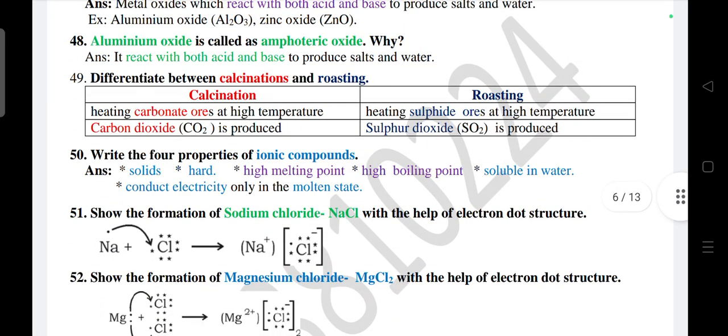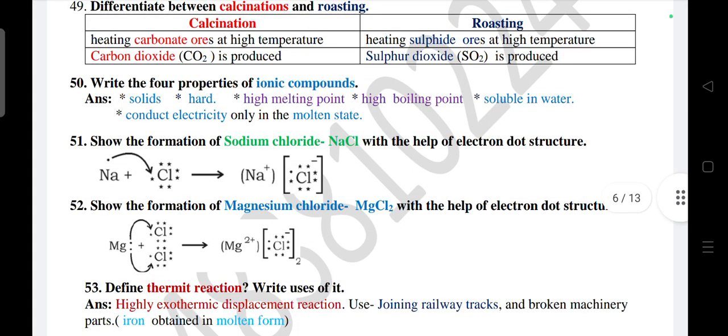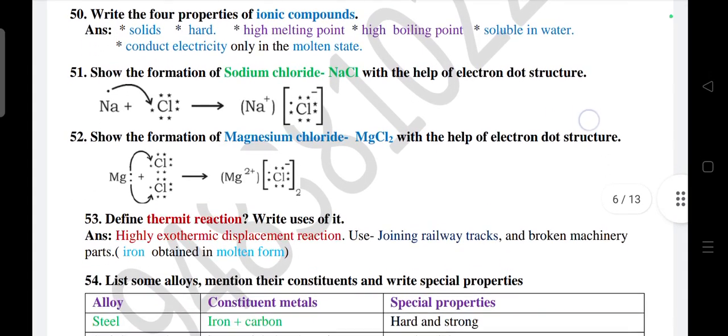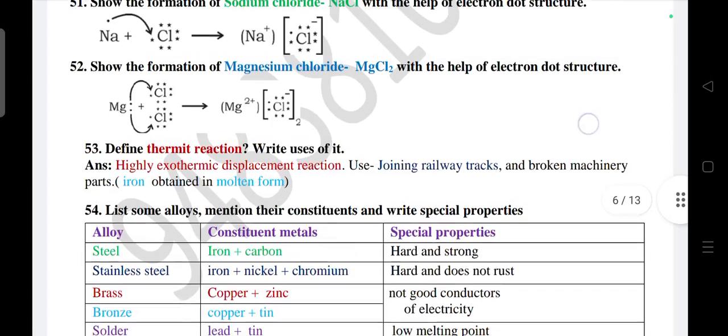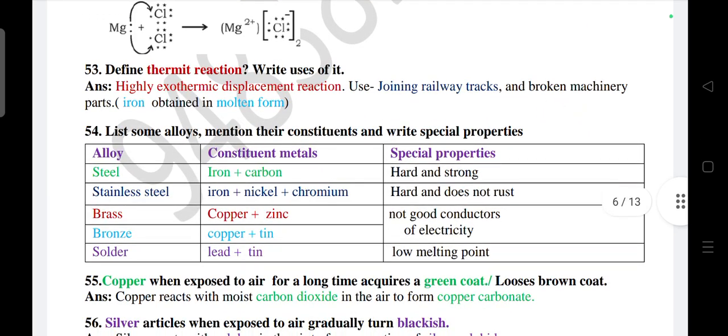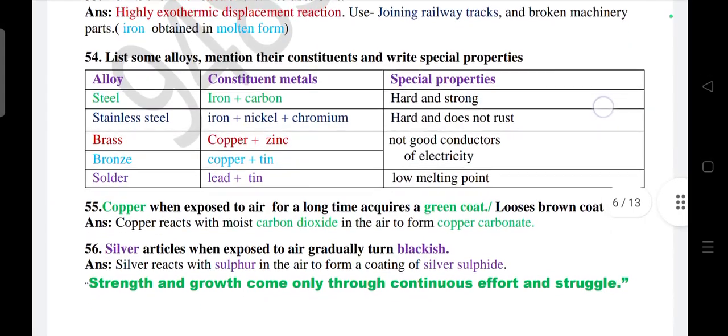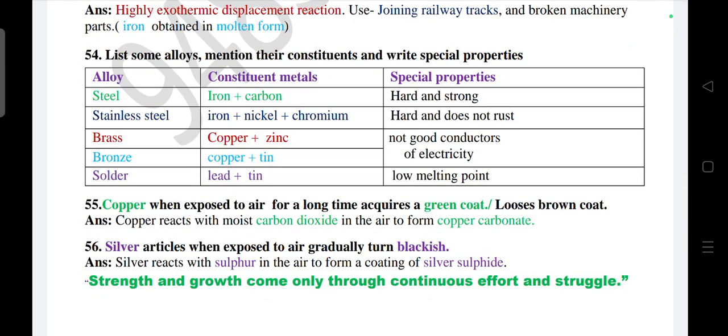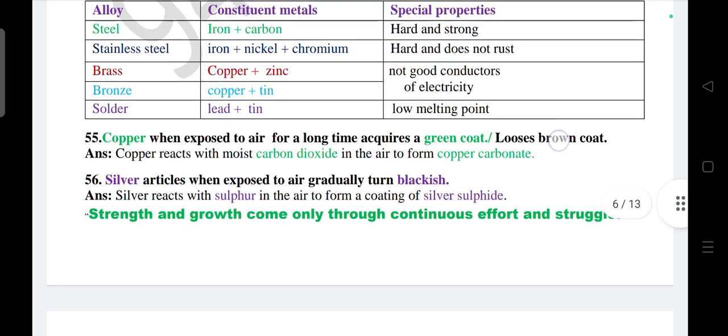What is calcination and roasting? Dot structures. Thermite reaction. Alloy, constituent metals and special property of that alloy.